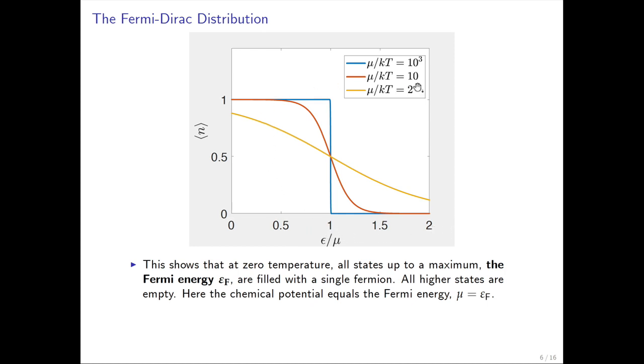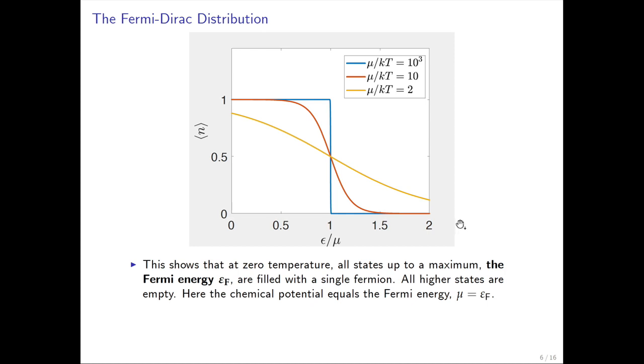And I've made plots for different values of mu divided by kBT. Here, at very, very low temperatures, this value is very large. So this is approaching zero temperature, and then this is increasing the temperature. And you can see that at very, very low temperatures, I get this step function.